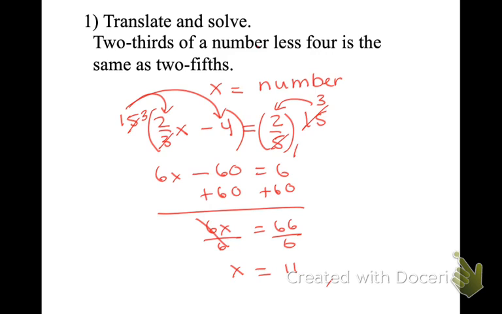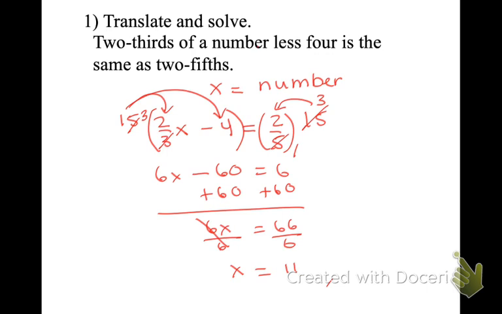Okay, 6x minus 60. Three times 2x. I see where I made the mistake.